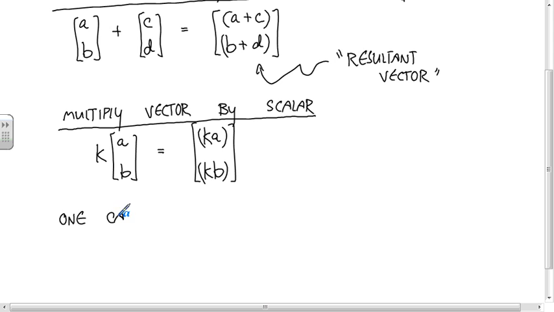Also, one calculation that's often helpful is, given a vector's components, what's the magnitude of the vector?